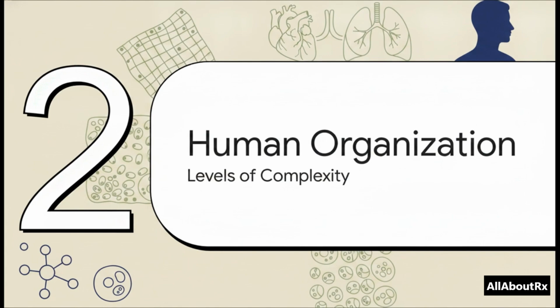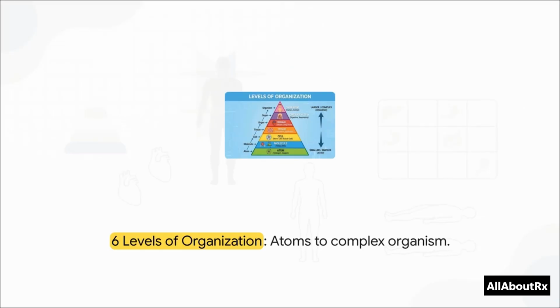Moving right along to Section 2, Levels of Human Organization. Think of the human body like the ultimate set of building blocks. We start way down at the chemical level with incredibly simple atoms like hydrogen and oxygen. Those atoms bond together to create molecules like water and DNA. As we move up the ladder, those molecules build cells, the fundamental units of life, like nerve or muscle cells.